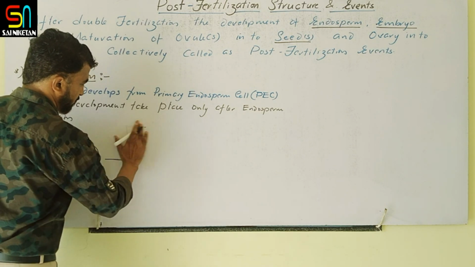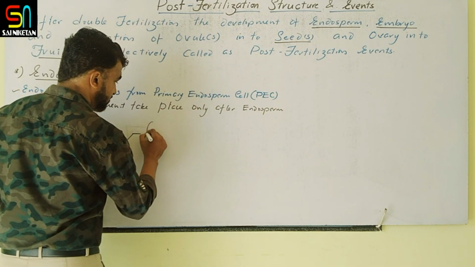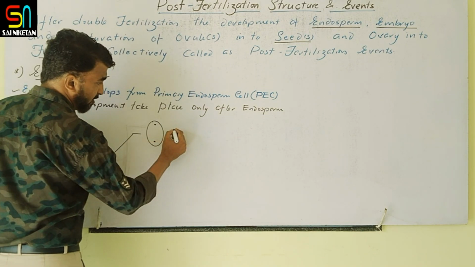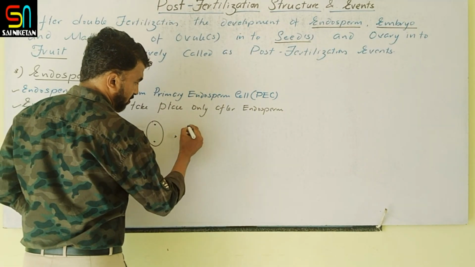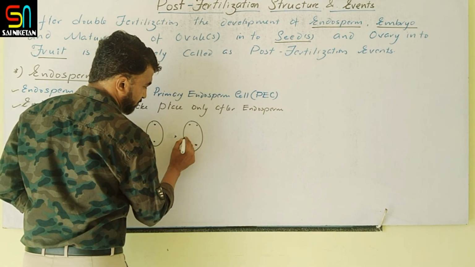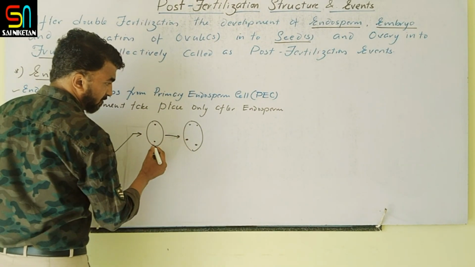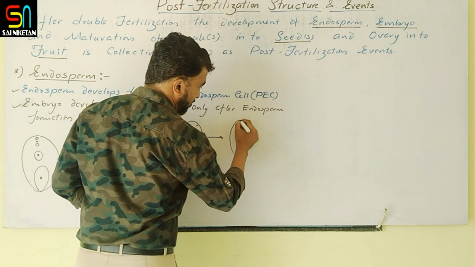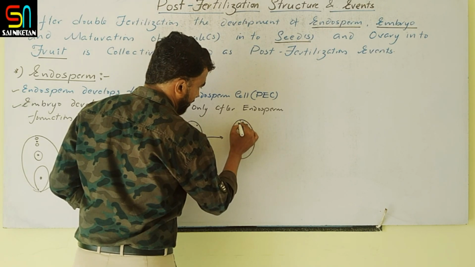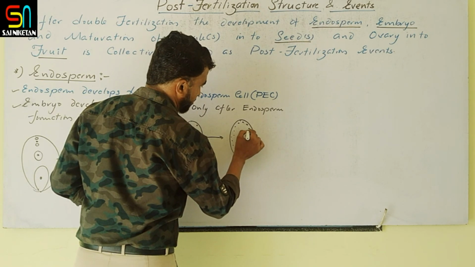First one, if this endosperm nucleus undergoes repeated nuclear division without being followed by cell wall formation, it means this primary endosperm nucleus undergoes repeated mitotic division, resulting in a primary endosperm cell with millions of free nuclei. This repeated nuclear division takes place.